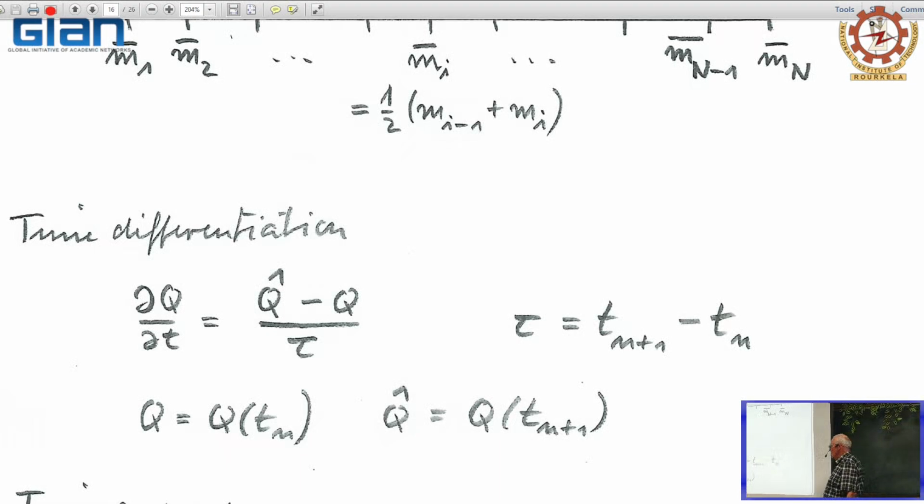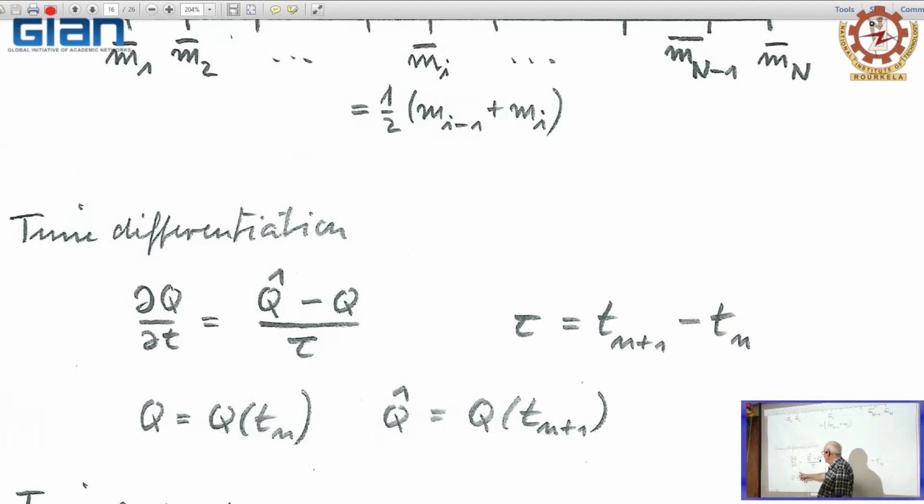Once we have a quantity Q which is to be differentiated with respect to time, we take Q hat, the quantity Q at time t_n+1, subtract the value of the quantity at time t_n, and divide by the time step tau.